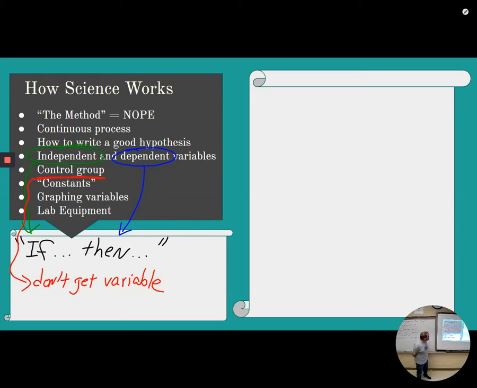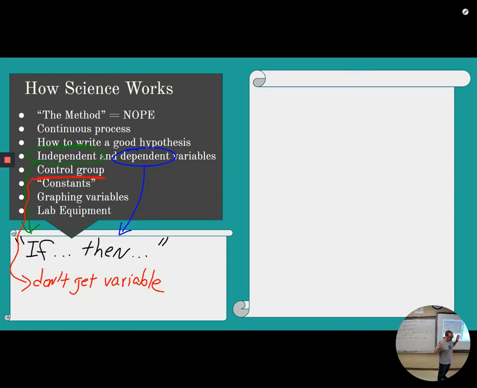That's not to be confused with constants. Constants would be things that are going to stay the same in every setup. So if I'm growing all these plants, I want to use the same kind of plant. I want to grow them in the same kind and amount of soil, in the same kind of pot. I want to give them the exact same amounts of liquid at the same time of day.